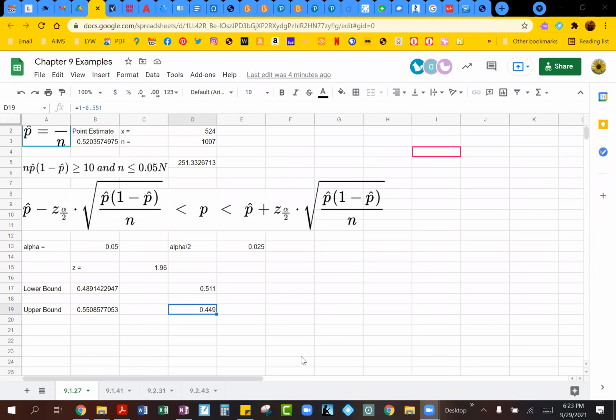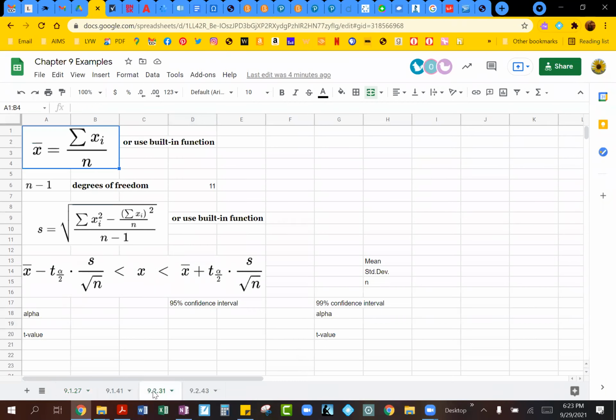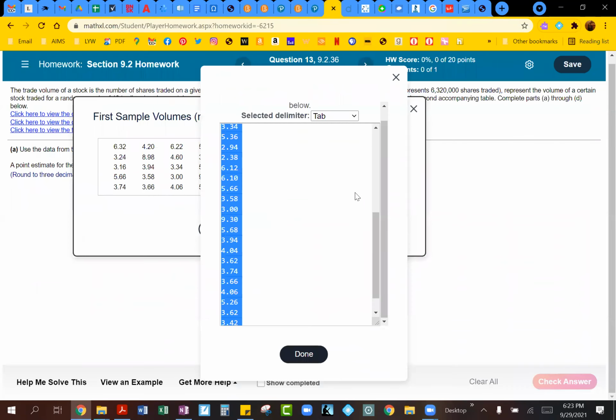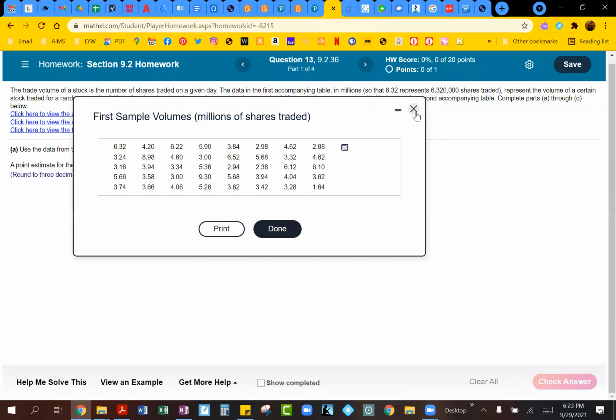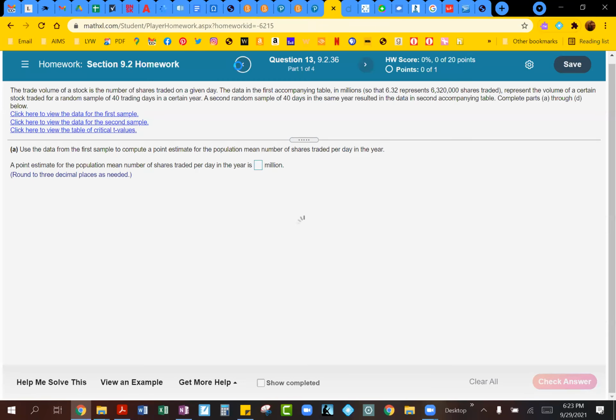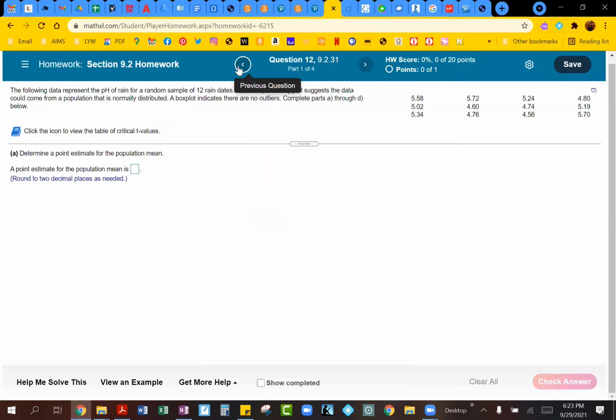I think I'm messing up something. No, I'm actually looking at the wrong problem. Oh, yeah. Okay, now I realize, because that one was such a large data set, I did not want to use that. Sorry about that, guys.